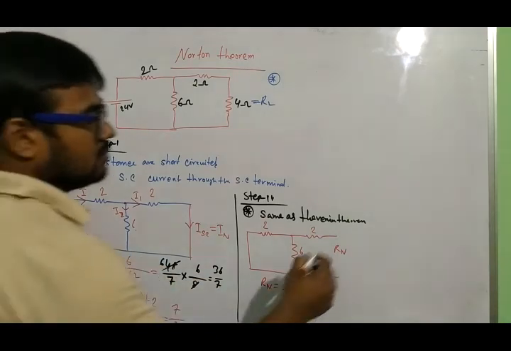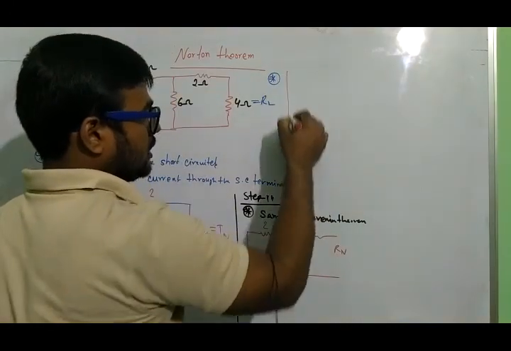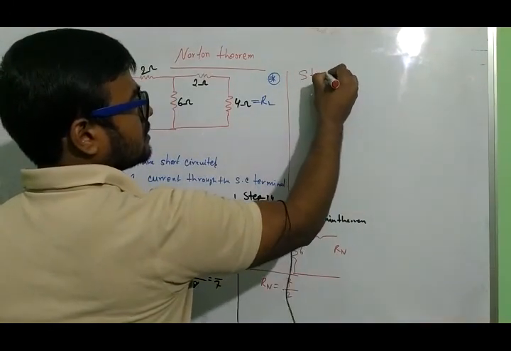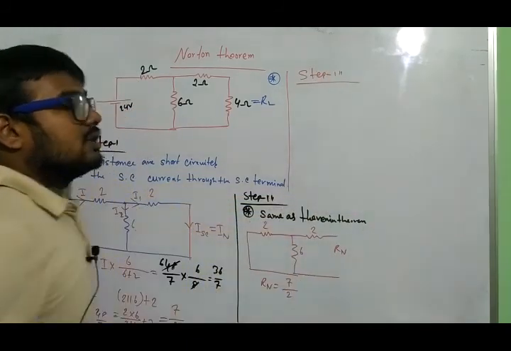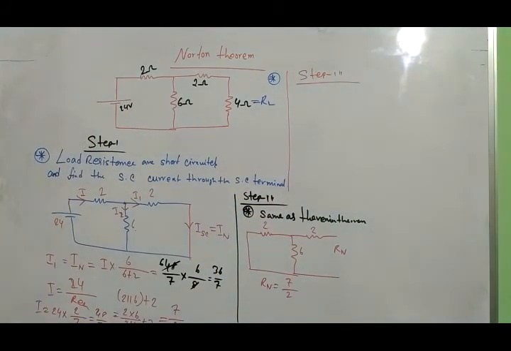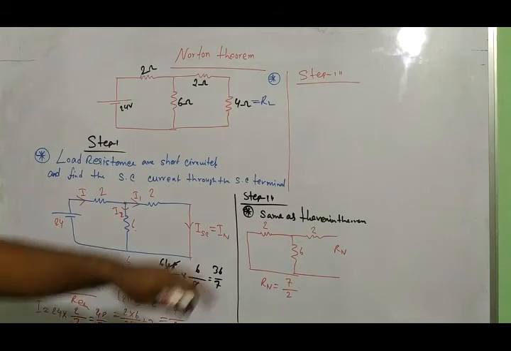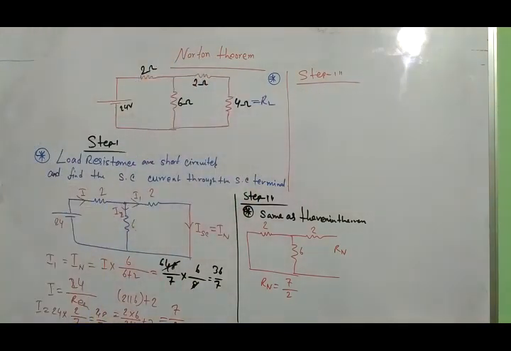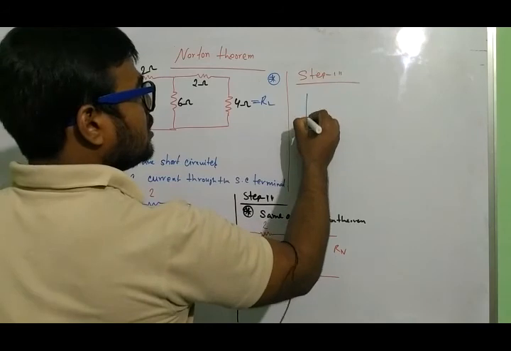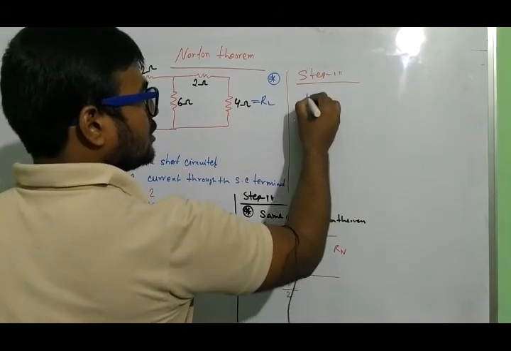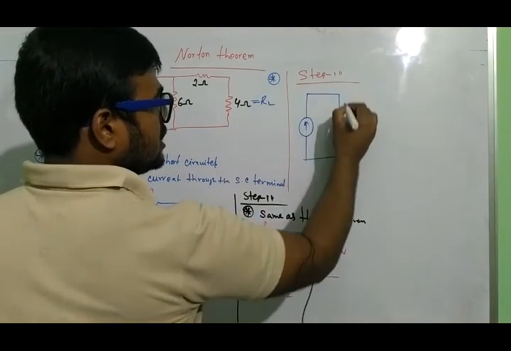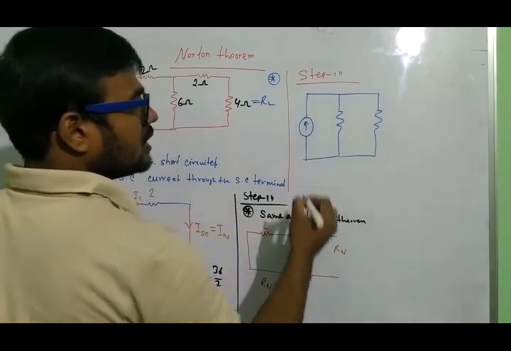Now I am doing step 3. So what is step 3? In Thevenin theorem I take one voltage source and two resistors connected in series with the voltage source. But in step 3 for Norton theorem I take one current source and two resistors connected in parallel with it.